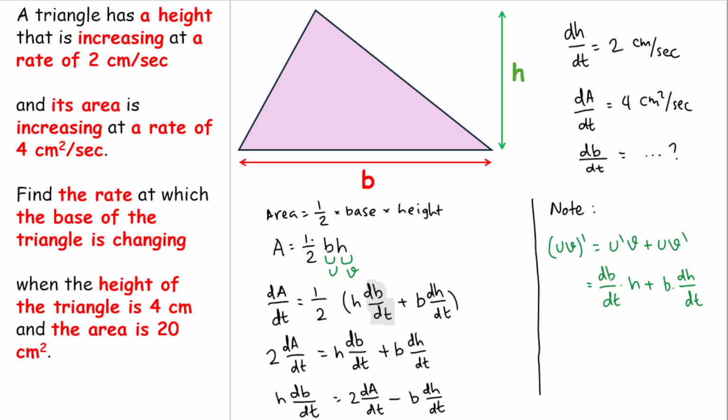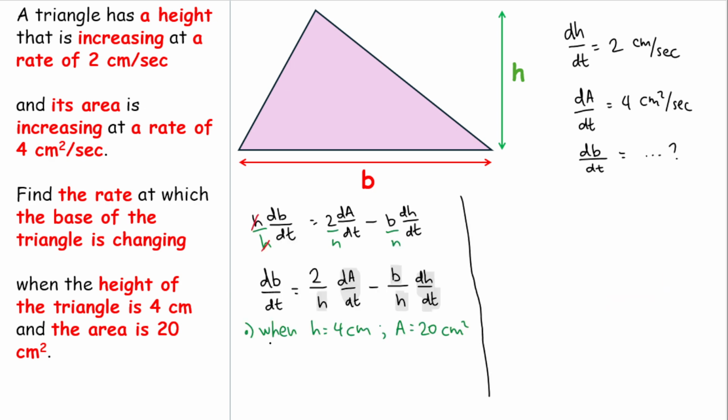So we'll have A is equal to 1/2 bh. The area is 20, and let's plug in 1/2, and then b, and then 4. Okay, 2 and 4 will cancel into 2, so we will have b is equal to 10 centimeter. So we know all the values here, right? When h is equal to 4 and b is equal to 10.